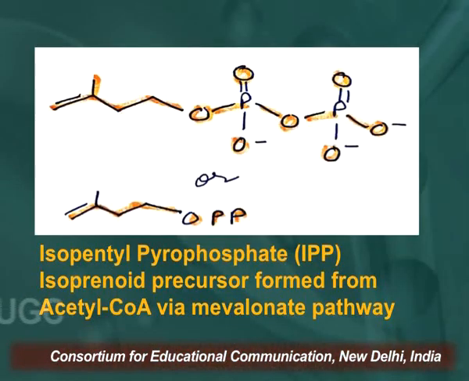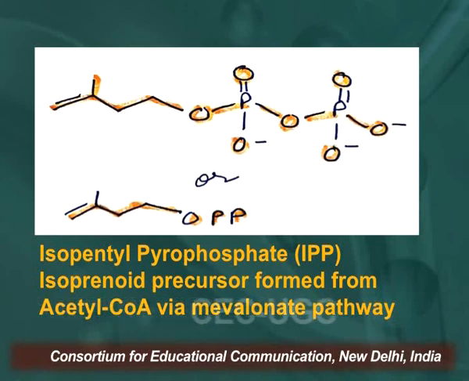So during the biosynthesis of terpenes, the isoprene unit changes to isopentenyl pyrophosphate. This is the structure on your screen, the structure of isopentenyl pyrophosphate, and this isoprene unit has a pyrophosphate group. So it is an isoprenoid.